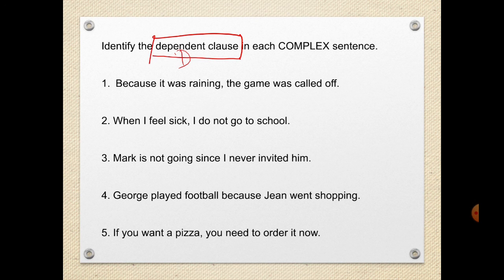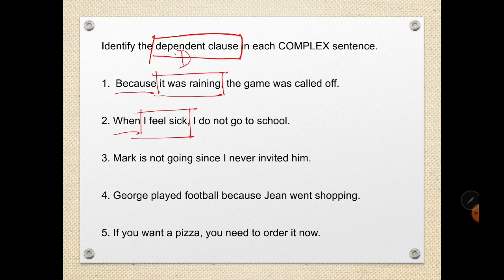Let's look at the first one. Because is one of the subordinating conjunctions. Indirectly, it was reading is the dependent clause. Number 2, when I feel sick, I do not go to school. When is a subordinating conjunction. Indirectly, I feel sick is the dependent clause.